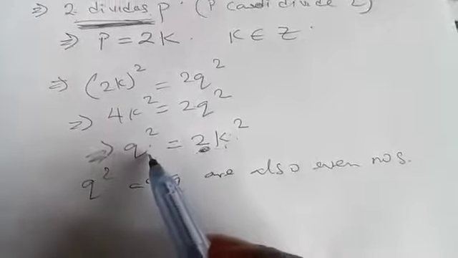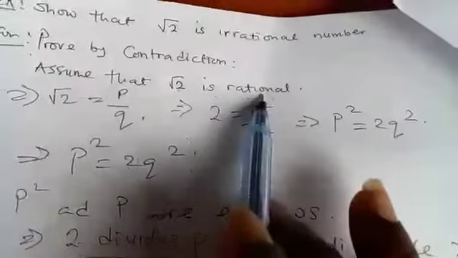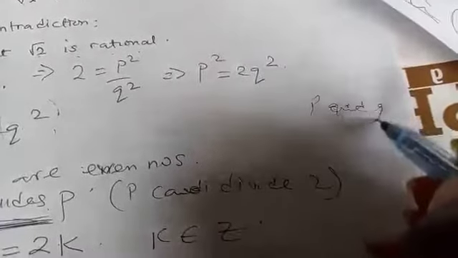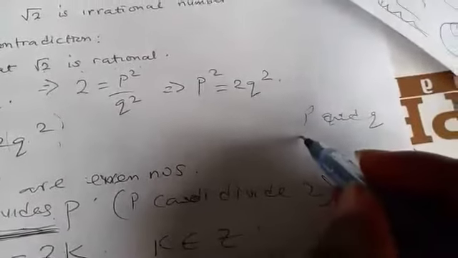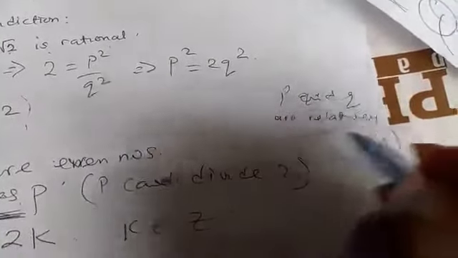And here, if we assume that root 2 is rational, we express it as P and Q. P and Q, by definition of rational, means that they are relatively prime. Relatively prime simply means that they don't have anything in common.